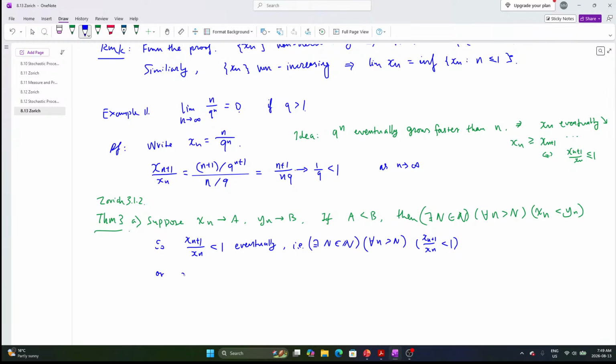Or we can say x_{n+1} is less than x_n eventually, or x_n is eventually decreasing.